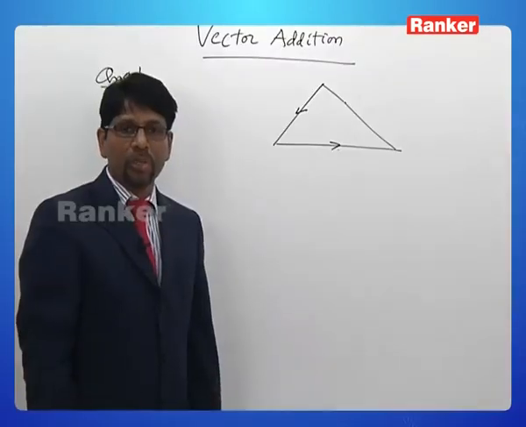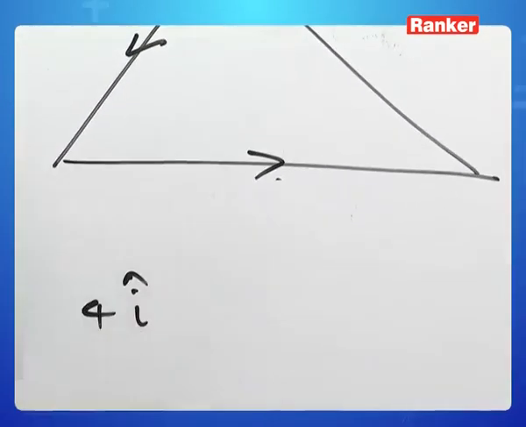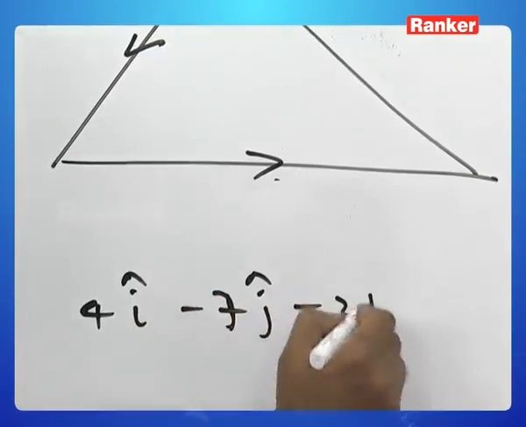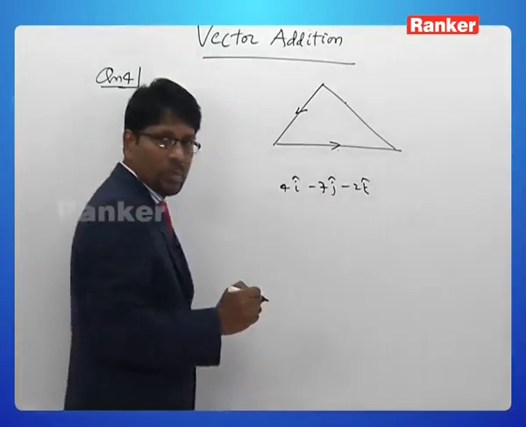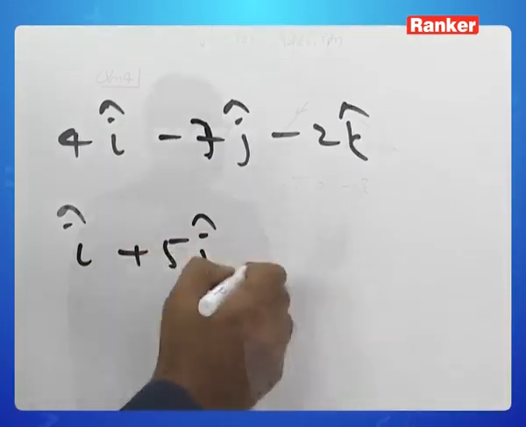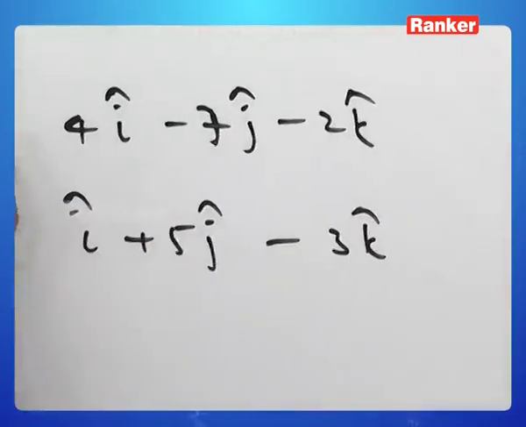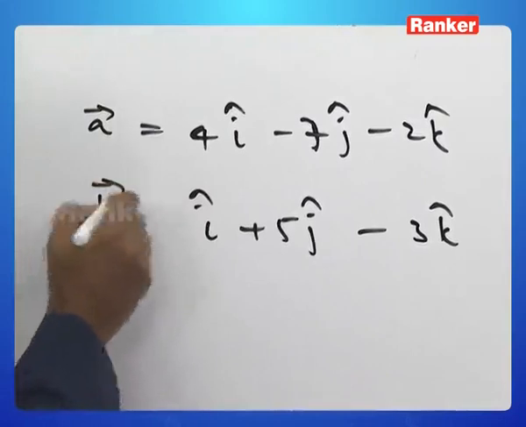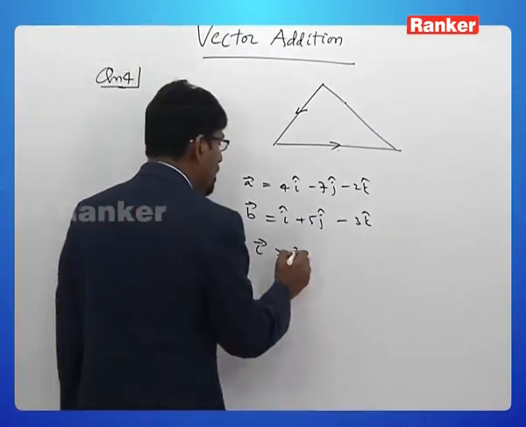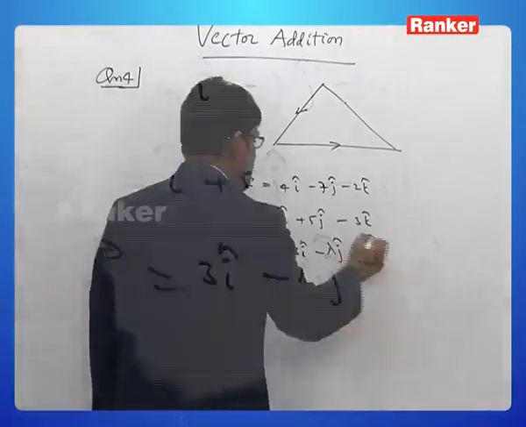Let us see, therefore, here we have 4i minus j minus 2k and I plus 5j minus 3k. Let us call these vectors A bar, B bar, and let us say C bar is equal to 3i minus lambda j plus k cap.